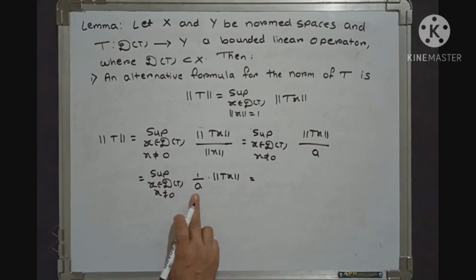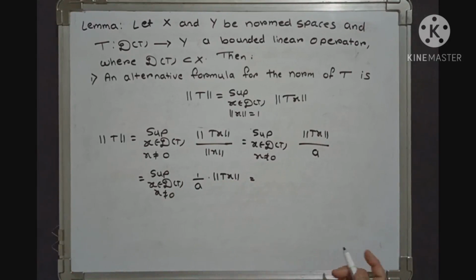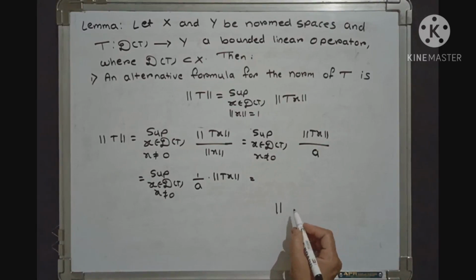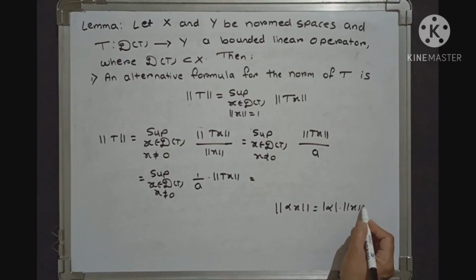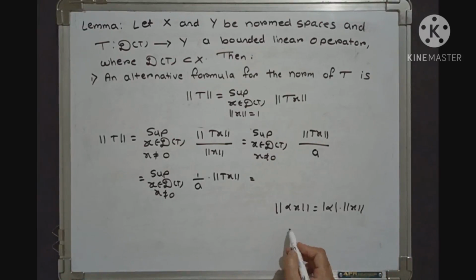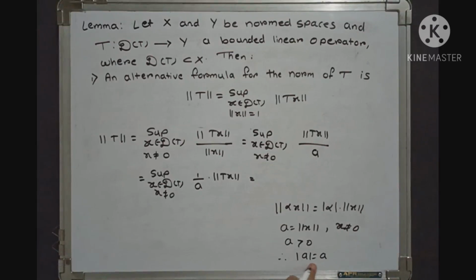As 1 by a is a scalar, and for the norm we know the property that the norm of alpha x always equals the modulus of alpha times the norm of x, and here a is nothing but the norm of x, and this x is not equal to 0, therefore a is always greater than 0, and therefore the modulus of a equals a, and we use it.